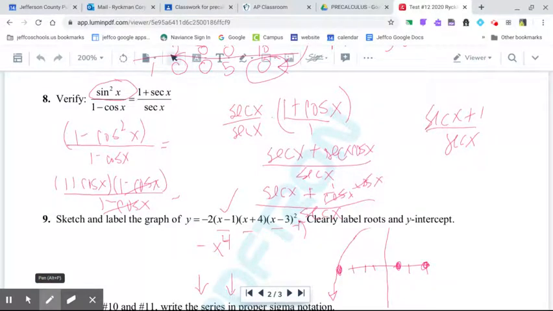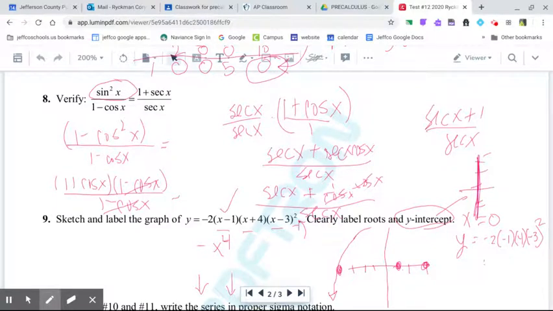Now, before I get to those zeros, I guess I need the y-intercept. How do I find the y-intercept? Well, remember, at the y-axis, you know that x equals 0. Y could be lots of things, but x has to be 0. So if you put in an x of 0 into the equation, you get negative 2 times negative 1 times 4 times negative 3 squared.